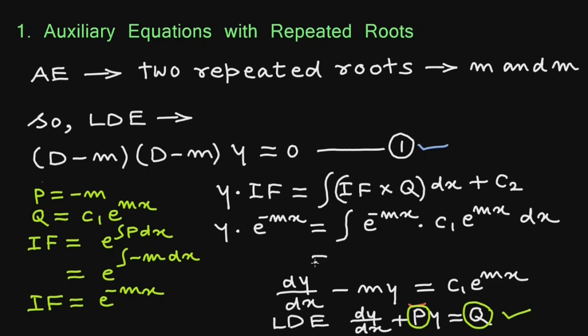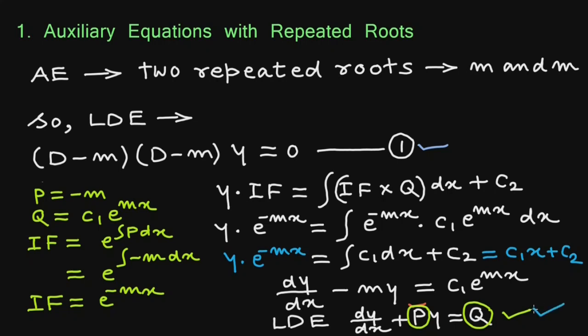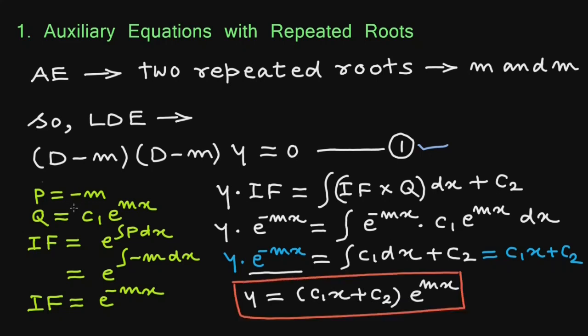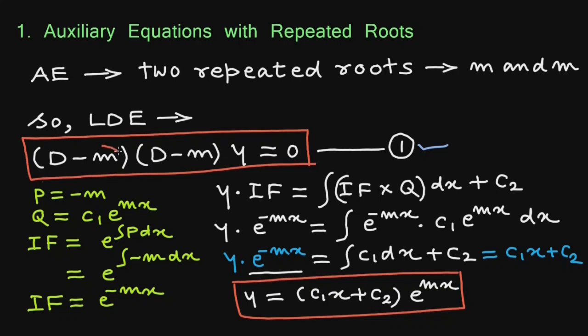So this will be integral c1 dx plus c2. So y into e raised to minus mx equals c1x plus c2 will be the solution of this linear differential equation. That will be y equals (c1x plus c2) into e raised to mx. So this is the solution of this linear differential equation with two repeated roots m and m.